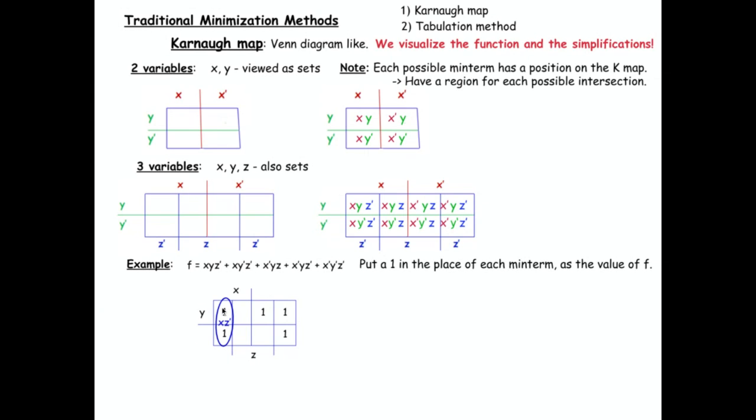Can somebody explain to me why I can express this whole ellipse that covers 2 adjacent cells? It's made up of 2 minterms. Each one is a product of 3 variables. And here I just drew a shape around it and said, I'll call it x multiplied by complement of z.